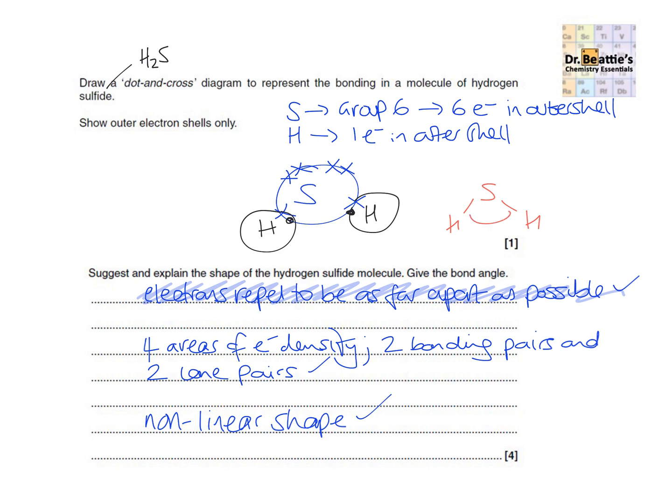With it being non-linear and the fact that it's got these 2 lone pairs of electrons, it models itself on the tetrahedral structure, which has bond angles of 109.5. But because we swapped 2 of these atoms with lone pairs, we are reducing the bond angle by 2 times 2.5 degrees. And so we have the bond angle of 104.5 degrees. And as long as we comment about this in our answer, we've got that 4th and final mark.